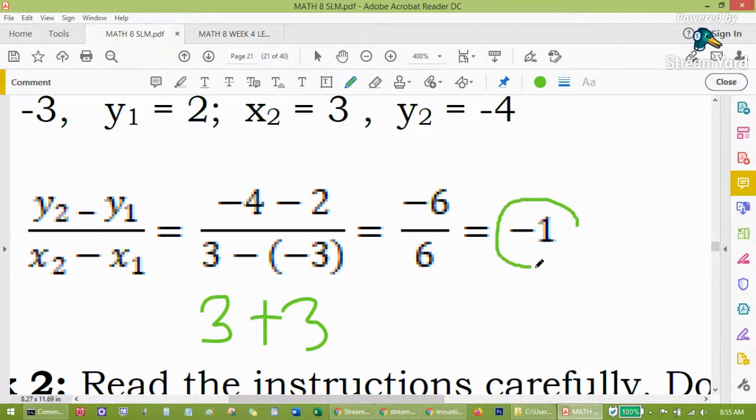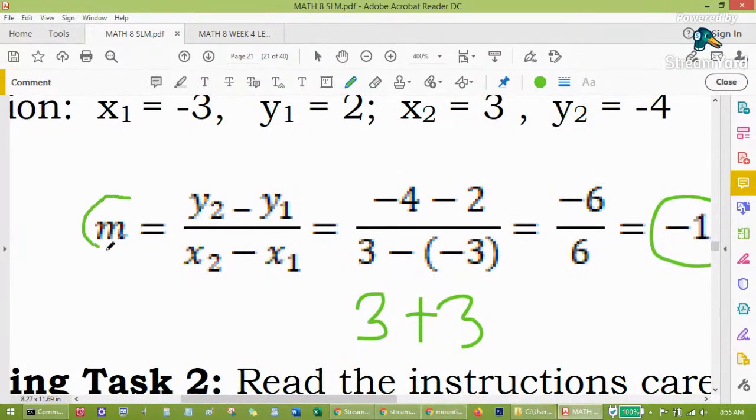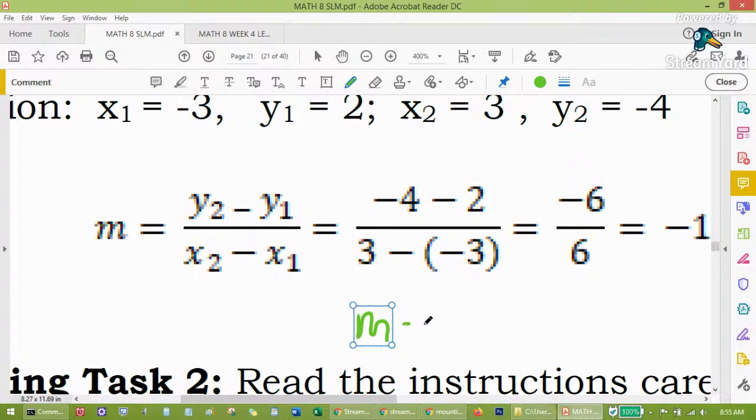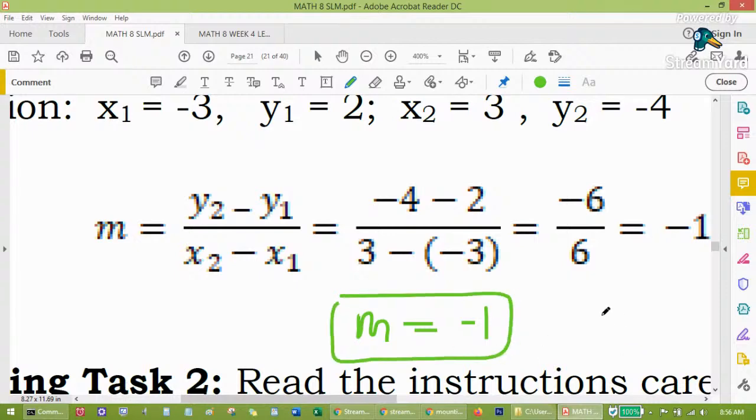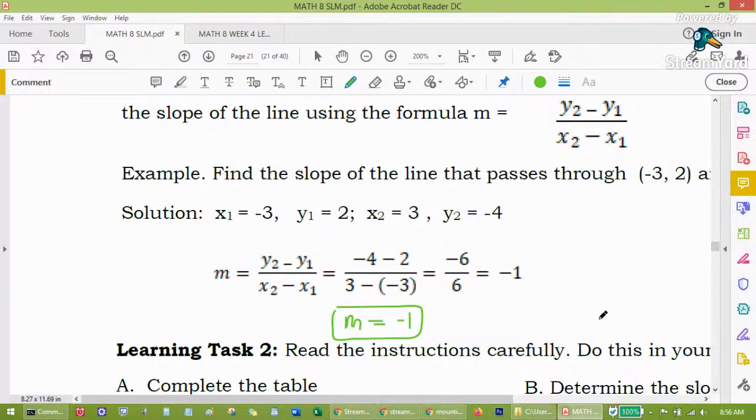That's why ang sagot natin is negative 1. That is our slope, no? Therefore, the final answer is the slope is equal to negative 1. Okay?